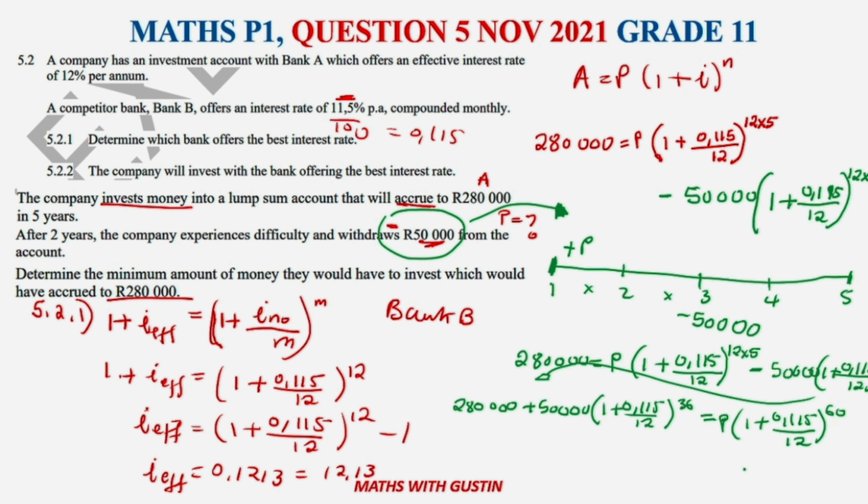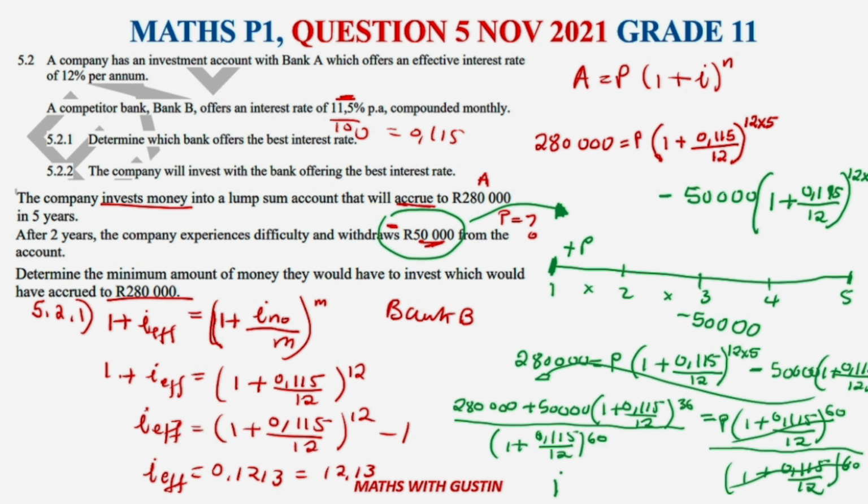So therefore what you can do now, you're looking for P, you are going to divide everything by this here, 1... Oh Lord, I'm running out of space here, to the power of 60 rather. There you go. Therefore this would cancel out, that would cancel out. Therefore you would have divided this as well by that number there, which is (1 + 0.115/12)^60.